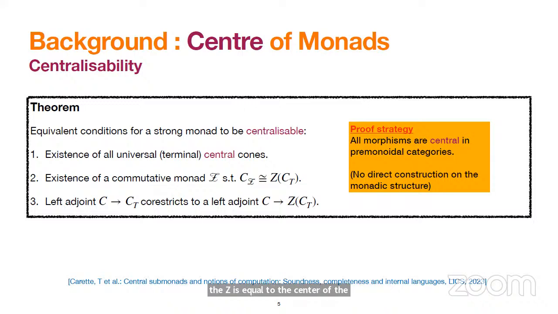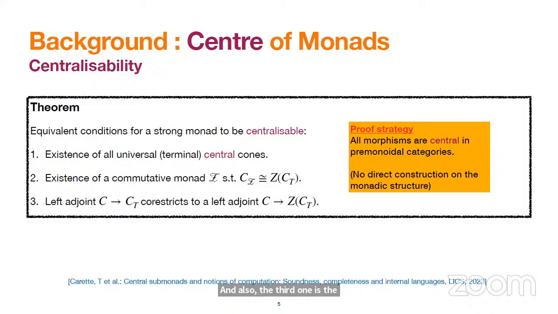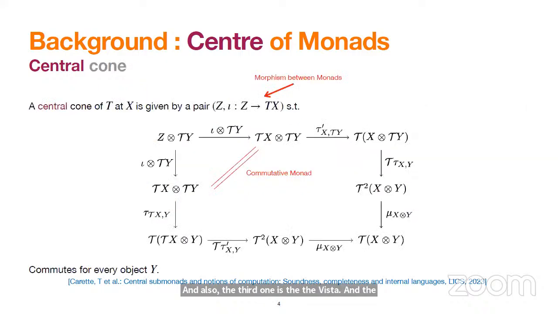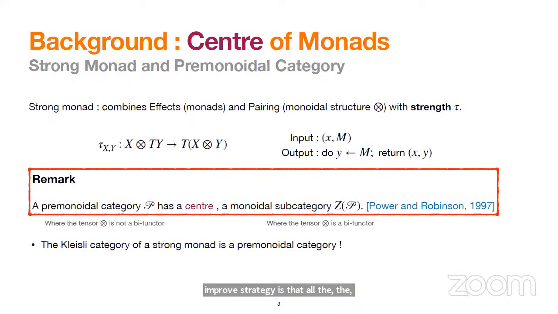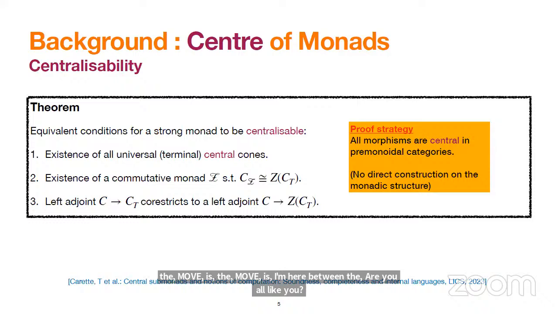And also the third condition is with the adjoint thing. Their proof strategy is that all the morphisms, the iota here between the monads, are central in the premonoidal category sense.